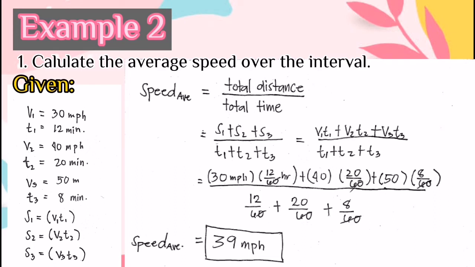So our formula will be average speed equals total distance over total time. So we will have S1 plus S2 plus S3 over T1 plus T2 plus T3, equals V1 times T1 plus V2 times T2 plus V3 times T3 over T1 plus T2 plus T3.